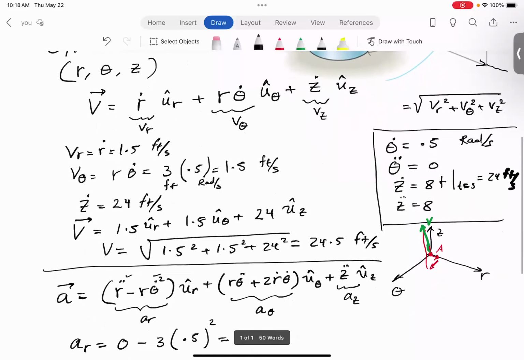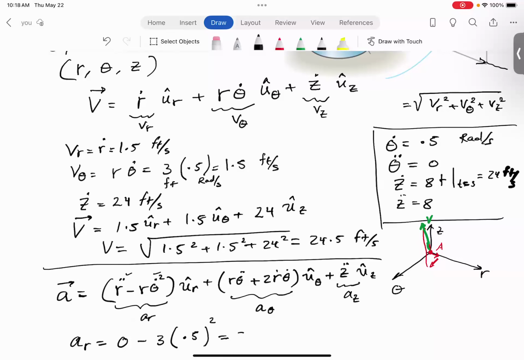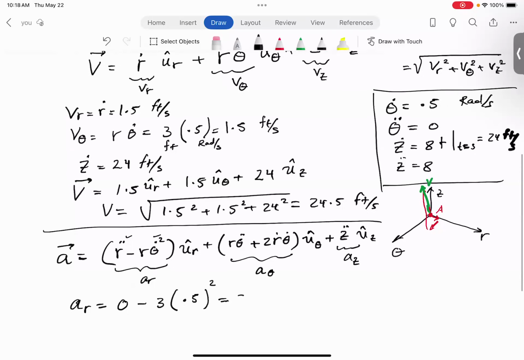That's right. So this becomes 0.5 squared, right? So we end up getting minus 3 times 0.25. So that would be minus 0.75 feet per second squared.